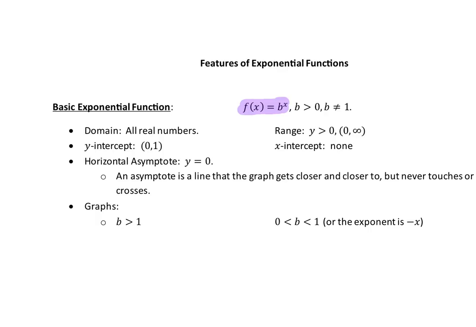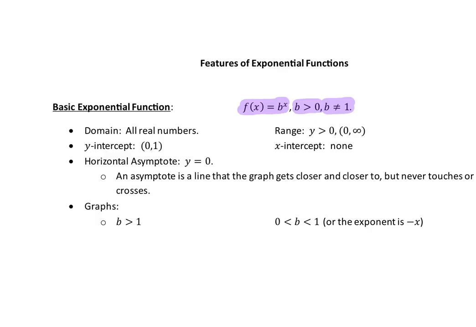And we do have some restrictions on b. The first one is b has to be a positive number, and it cannot be equal to 1. The reason it can't be equal to 1 is because then it's no longer exponential, because 1 raised to any power is just 1. And so that's a very boring example.